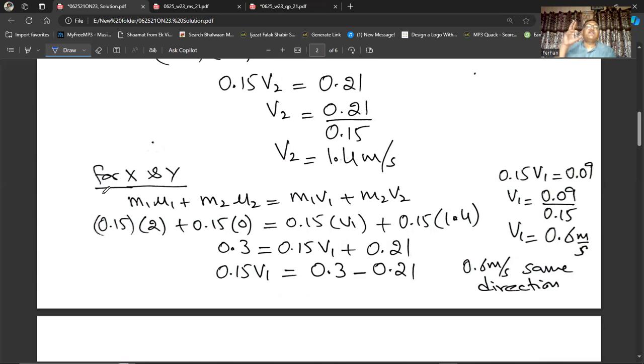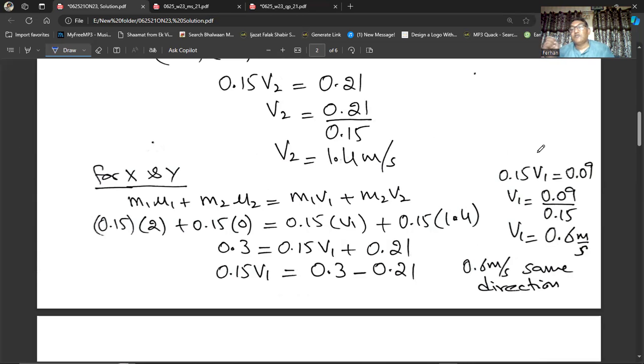Now, we will have 0.3 equals 0.15 V1 plus 0.21. So 0.15 V1 will be equal to 0.3 minus 0.21. So 0.15 V1 equals 0.09. V1 will be equal to 0.09 divided by 0.15.